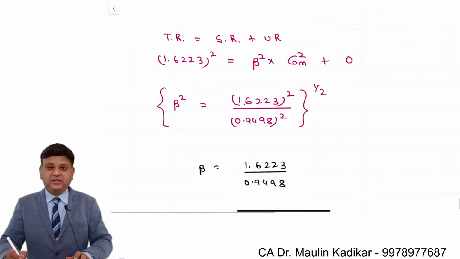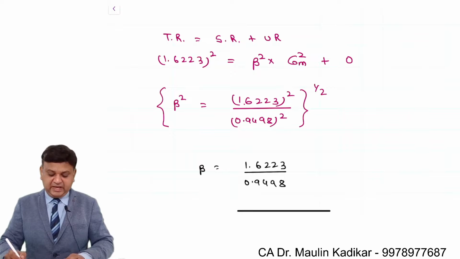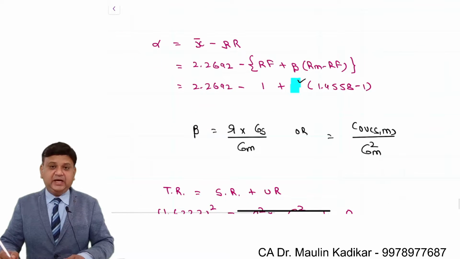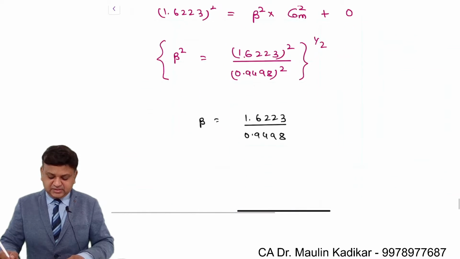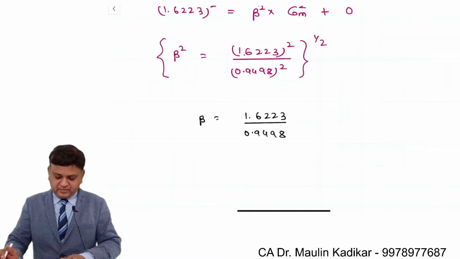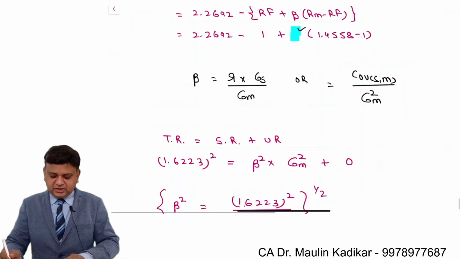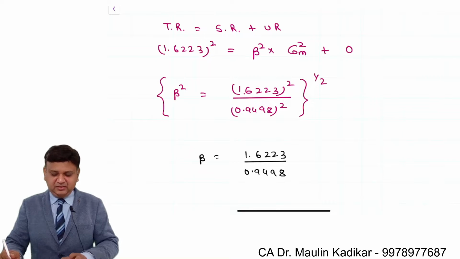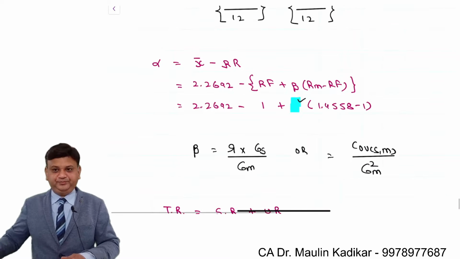That is the way the beta of the security is calculated. And later on we can put the beta over here to calculate the alpha of the security. This is the way we can make the calculation of the answer. So over here the institute has adopted a very simple method for calculating the beta because of that specific information, and then we can compute the alpha of the security.